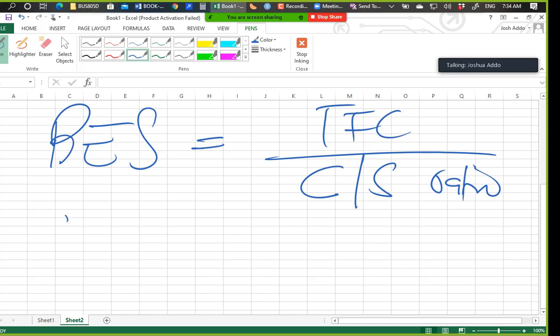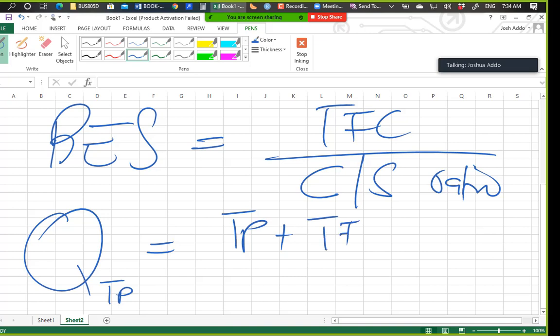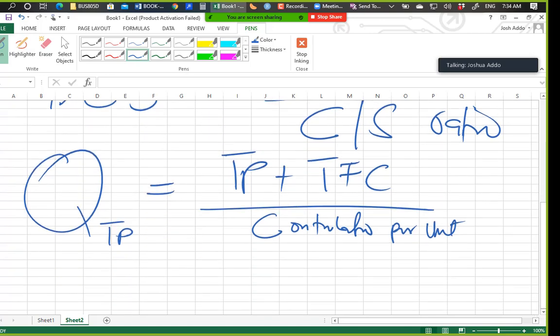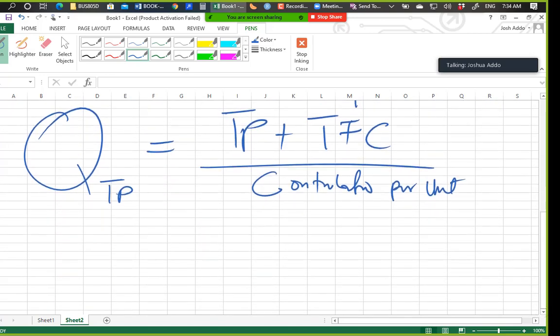So let's say just quantity that makes you get some targeted profit. It's equal to that targeted profit plus the total fixed cost divided by contribution per unit or unit contribution. And everybody should be very much okay with this formula.